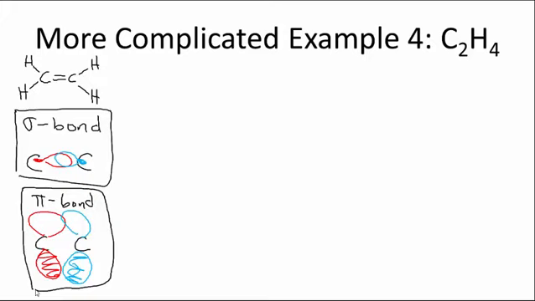There's less stabilization from the atomic orbitals to the pi bonding orbital, and there's less destabilization from the atomic orbitals to the pi antibonding orbital. So what that means is sigma bonding orbitals end up lower in energy than pi bonding orbitals, and sigma star orbitals end up higher in energy than pi star orbitals.